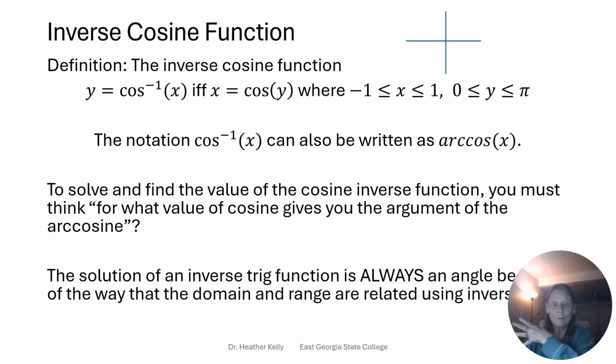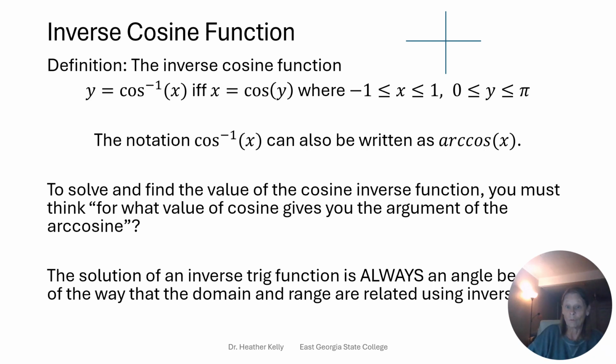So we did the inverse sine function. Let's look at the inverse cosine function. The definition is almost the same, but you will notice that there's a difference in the range here. So notice y is equal to the arc cosine of x if and only if x is equal to cosine of y, where x is in between -1 and 1.